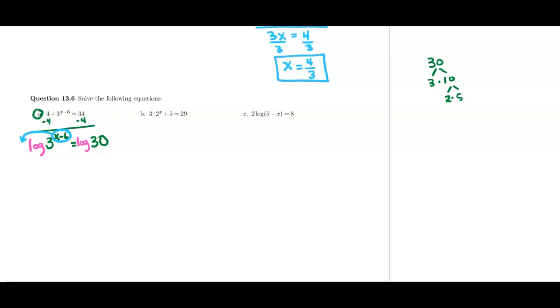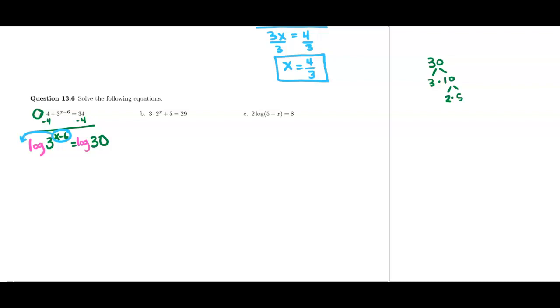That only works with logs. I cannot do that with any other things. It's a special property of log. But now it gets it down to that multiplication part, which will be easier for me to solve for. I can't solve for it when it's just stuck in that exponent spot.